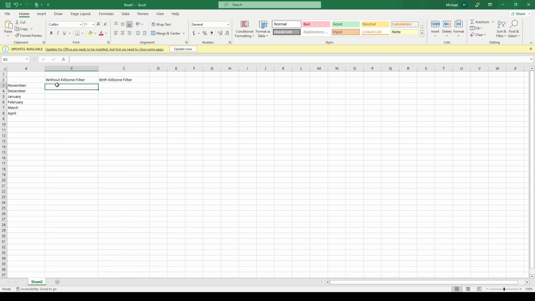Okay, great. So November we had 4.4% profit, and with Q zone filter we had, what was the result for November again? I can't recall. I'm bad at remembering things, but let me just quickly run it again.